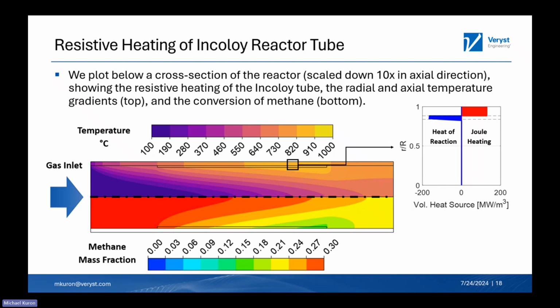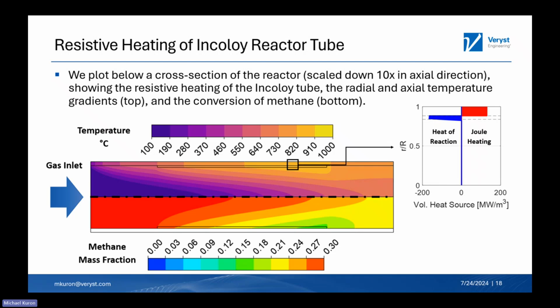So we have strong radial and axial temperature variation in this system. And we can see that the methane mass fraction follows a very similar profile in terms of its consumption. And so we get, for this specific scenario, rather weak consumption and strong temperature gradients in the reactor that are otherwise quite hard to control.